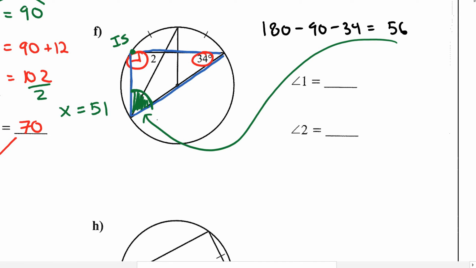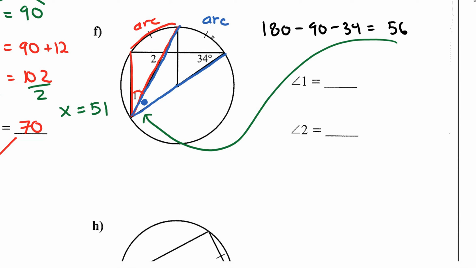And what we can do now is take 56 degrees and divide it by 2. And the reason why I can do that is because of this now. If I follow up the sides on angle 1, it opens to this arc over here. And if I take a look at this angle here in blue, if I follow the sides to that angle, it opens up to this arc over here.